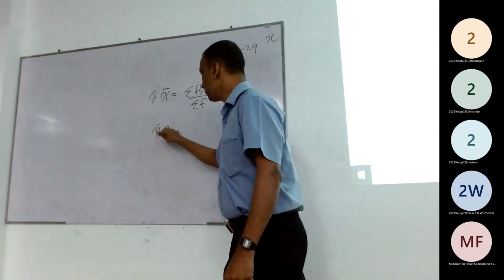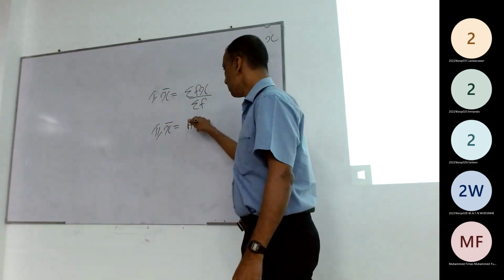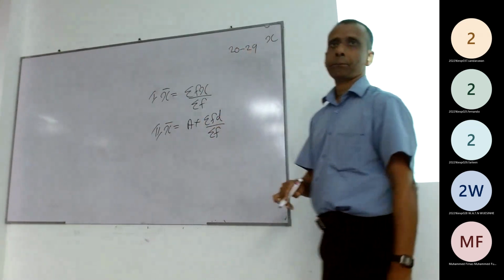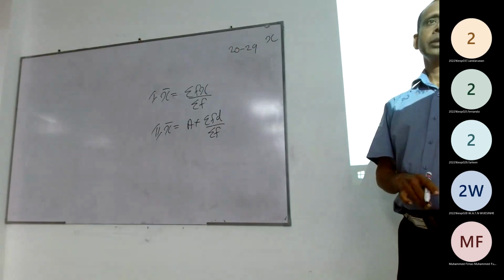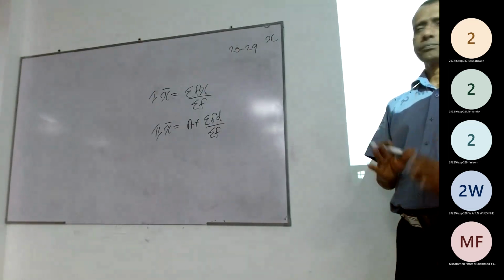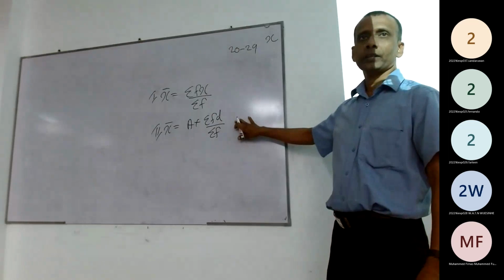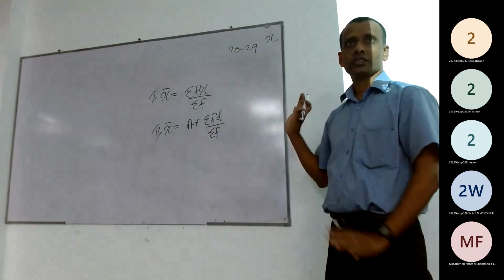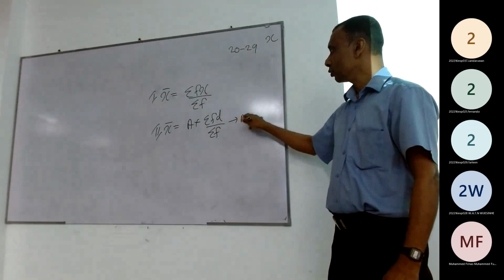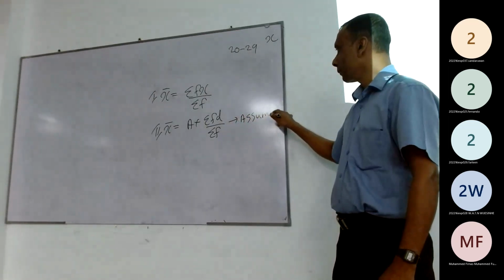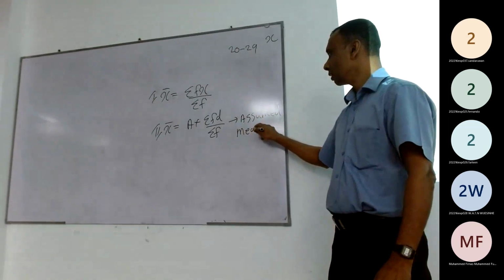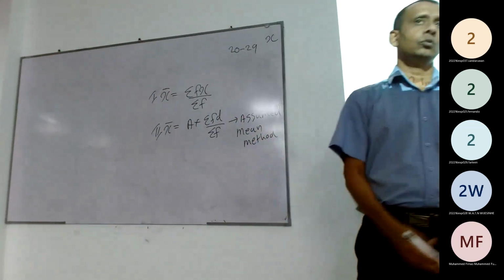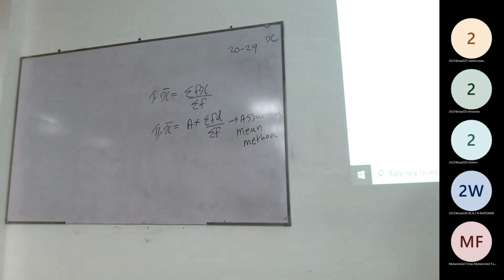Another formula there: x bar equals A plus sigma f d over sigma f. This formula also can be used. Practice both, then finally practice this one to be applied, because with small numbers you can handle it, even with large numbers, and finally you get the same answer. This is called the assumed mean method.